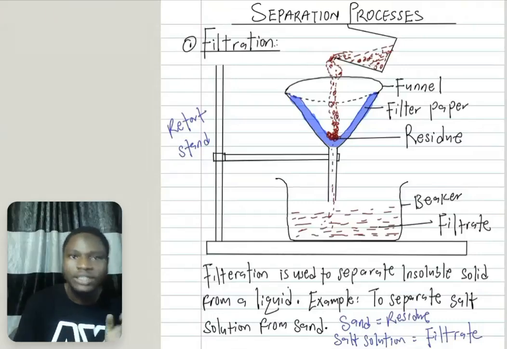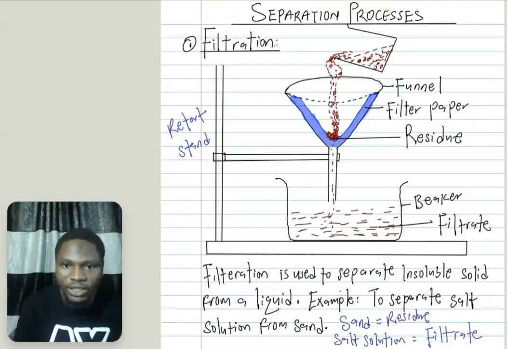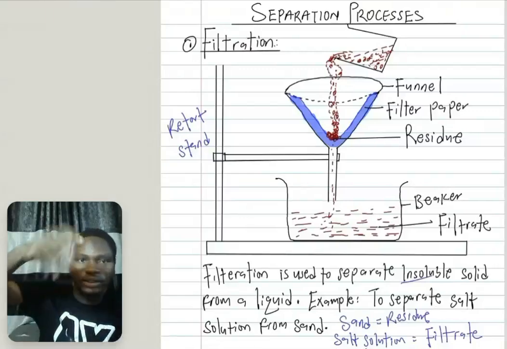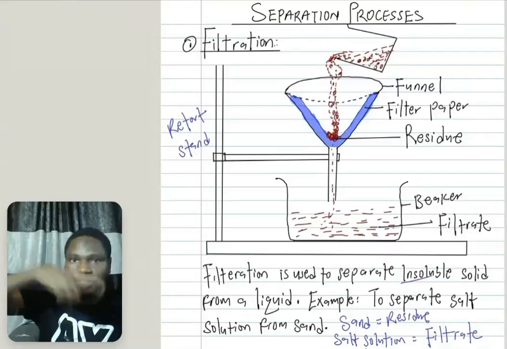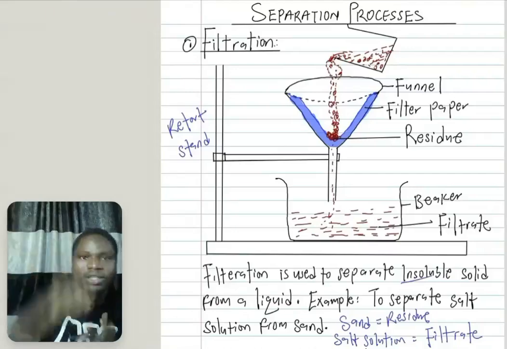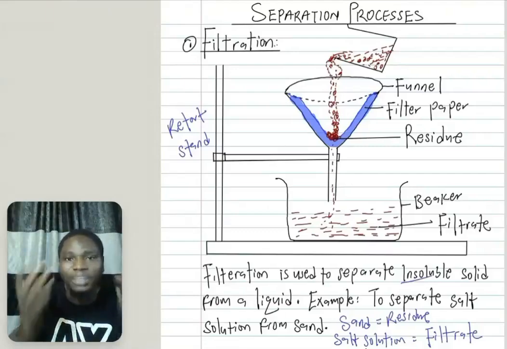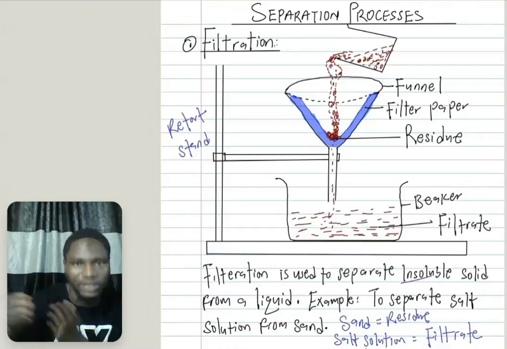Now, this method is used to separate insoluble solid from a liquid. For example, if I want to separate salt solution from sand, how do I do it? I have water in which salt has been dissolved to form a solution, then sand is inside. So how can I separate that salt solution? In other words, how can I separate salt water from the sand?